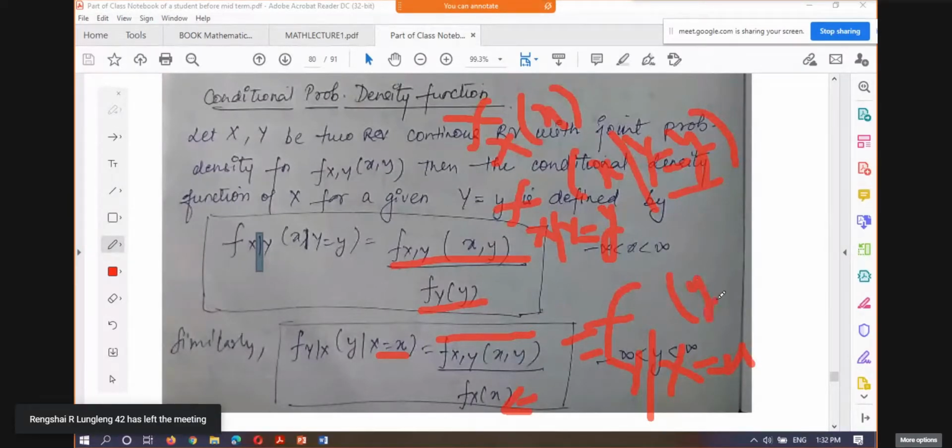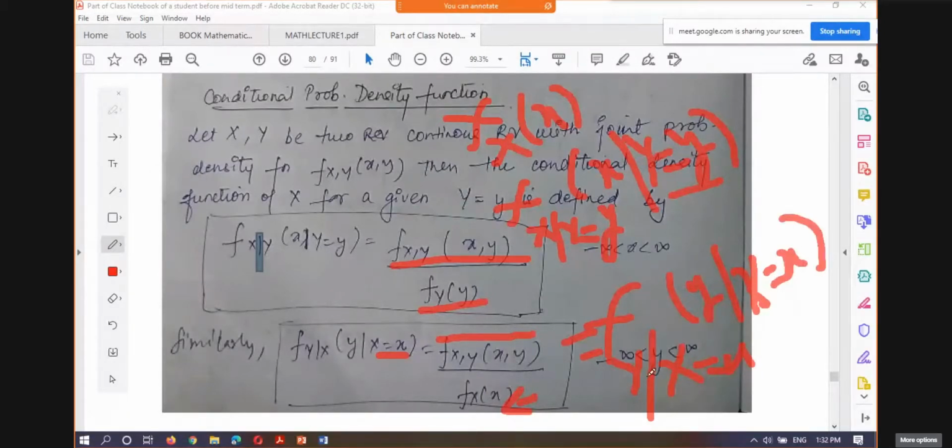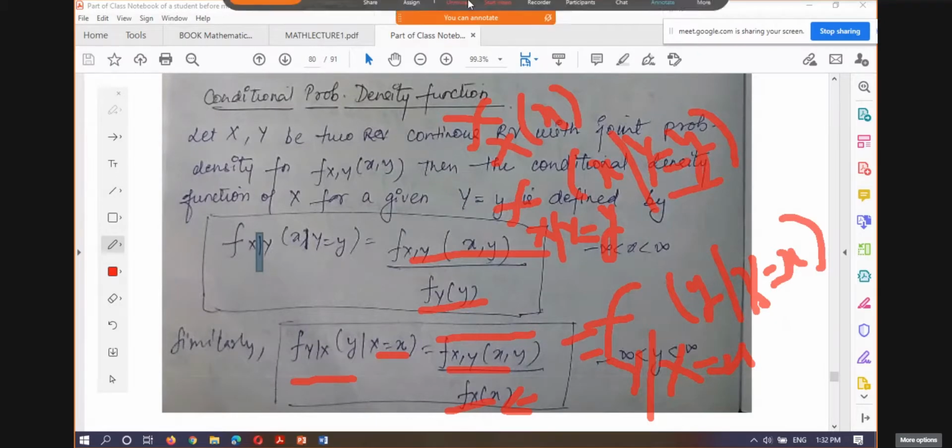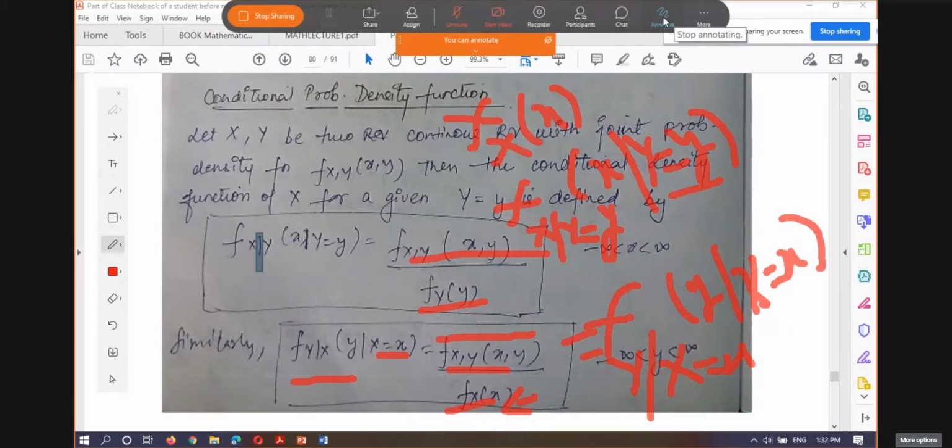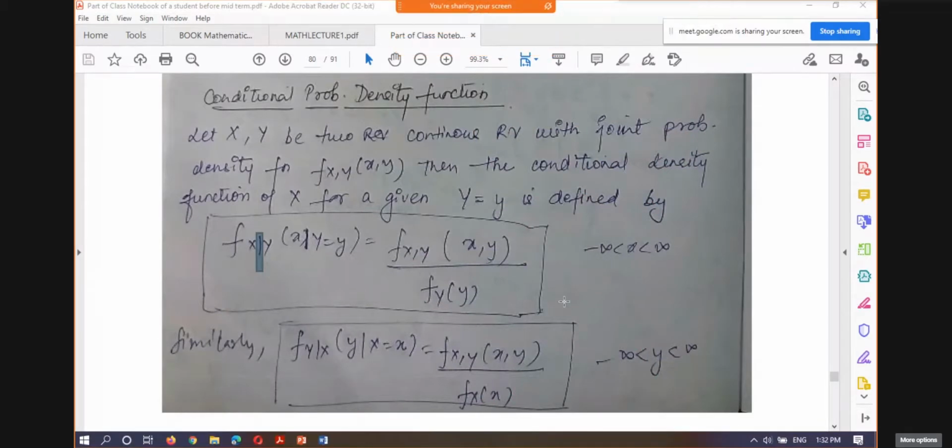So this is the conditional distribution of y when it is given that X equals small x. This is the way we define the conditional probability mass function and the conditional probability density function.